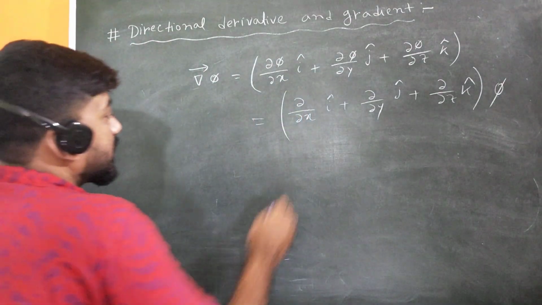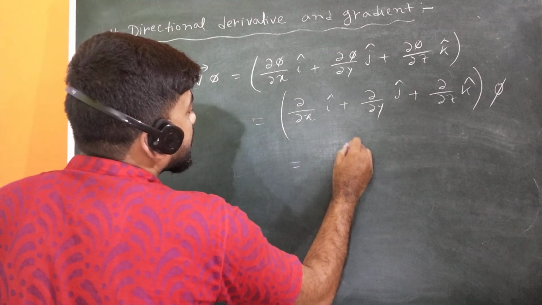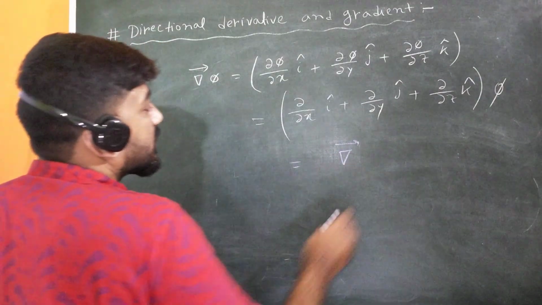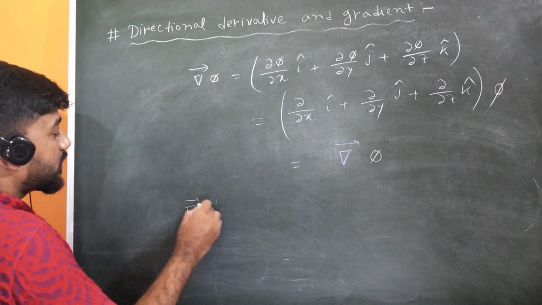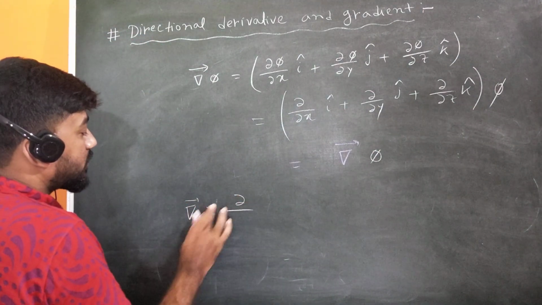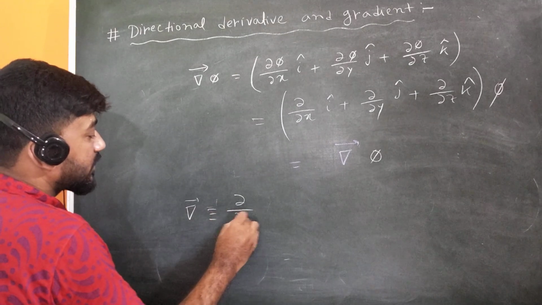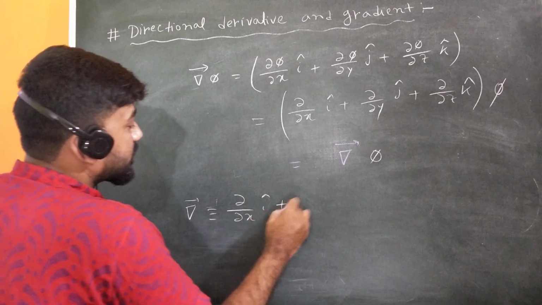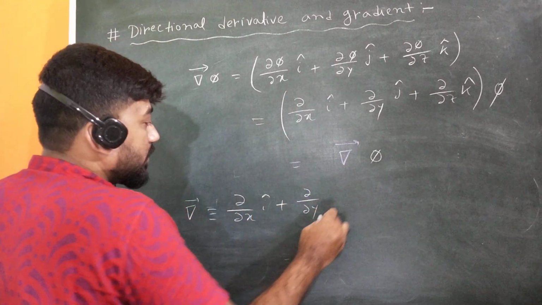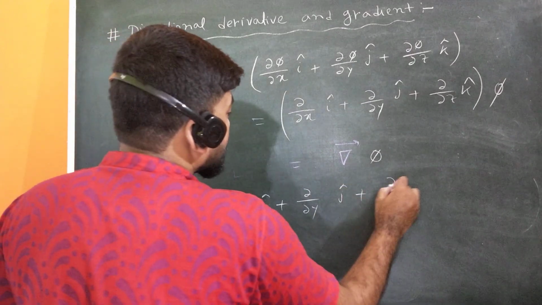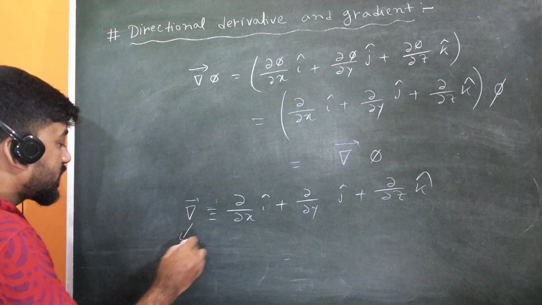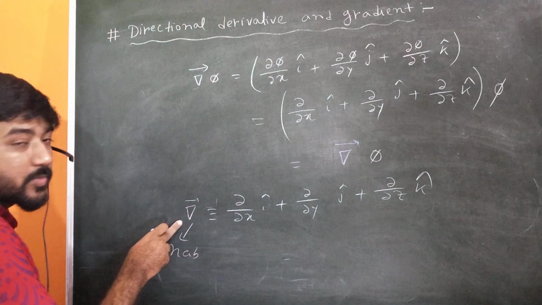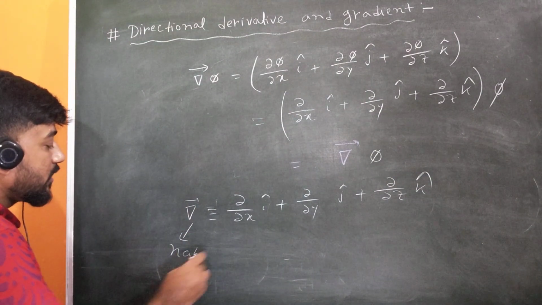This del operator can also be defined like this: del/del x i cap plus del/del y j cap plus del/del z k cap, and this is known as nabla. Okay, this operator is the del operator, but the symbol is nabla.